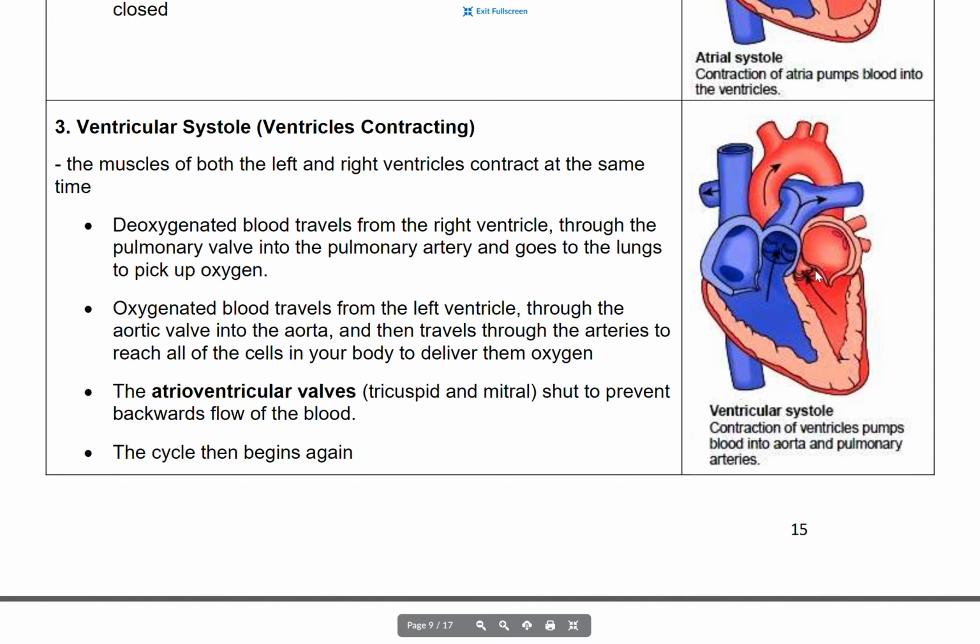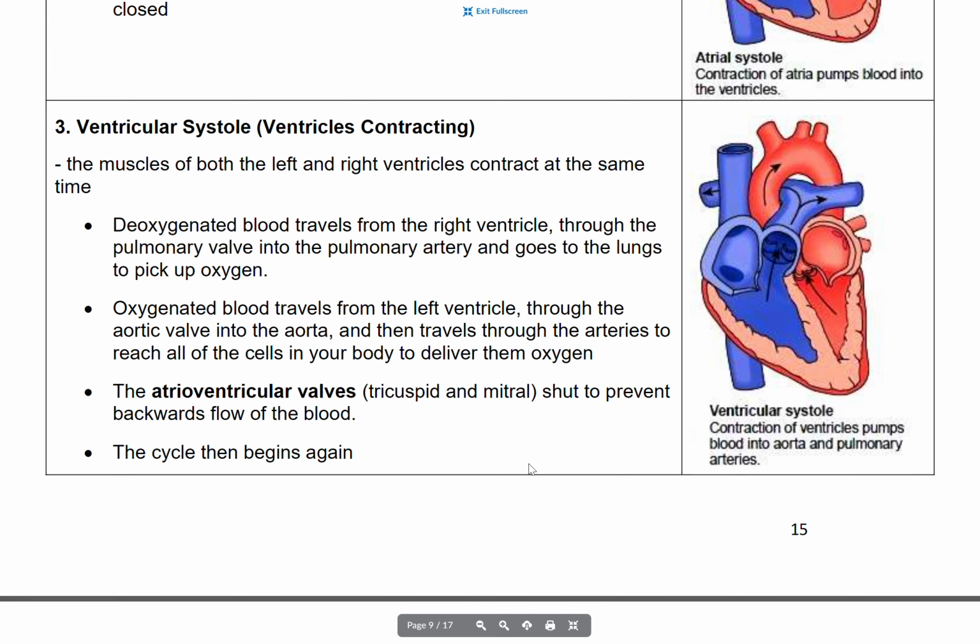When the ventricles are contracting, the blood is going to squirt out anywhere there's a hole. So this tricuspid valve is going to be closed to make sure all of the blood goes to the pulmonary artery and not back into the atrium. The atrioventricular valves on the right and the left side, the tricuspid and the mitral, are closed, and this way the blood can't flow backwards.